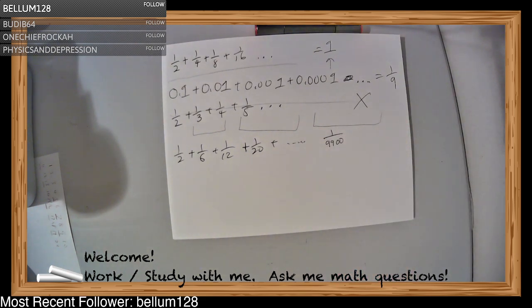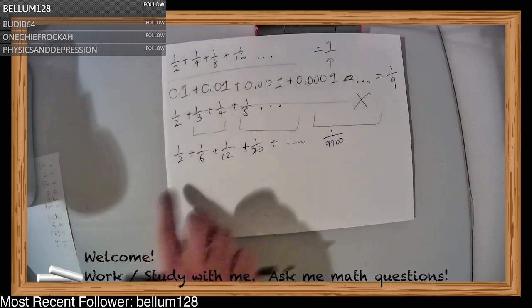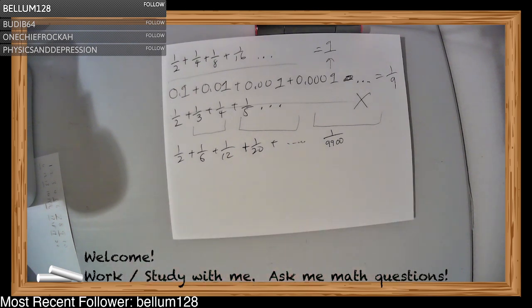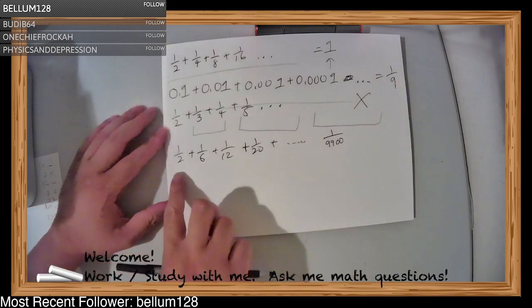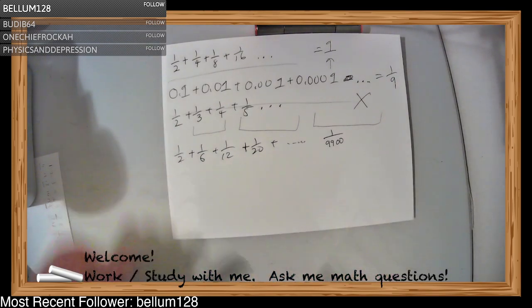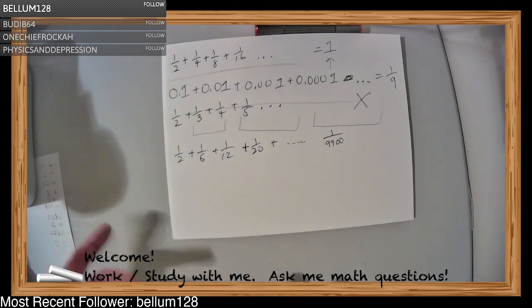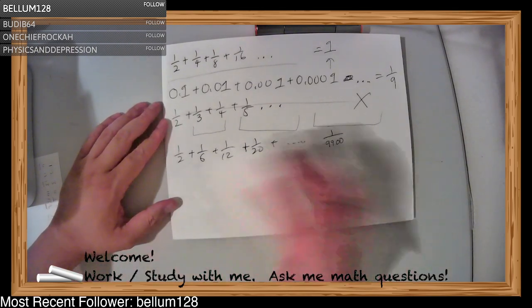We can calculate this. It turns out that when you have a finite number of these, it definitely converges because you can't add a finite number of numbers and have it not be bounded.